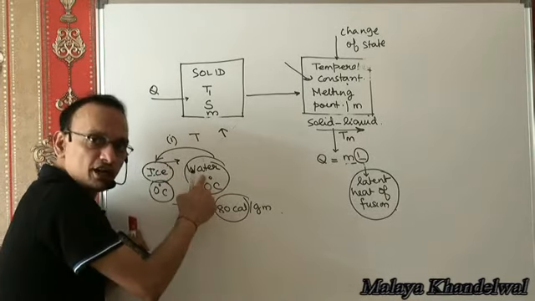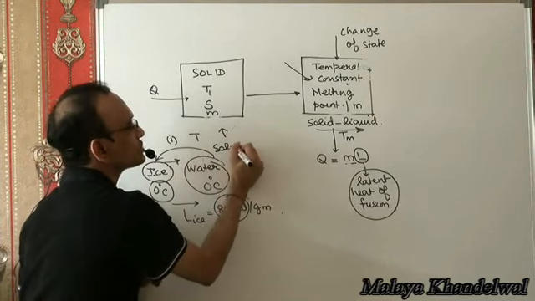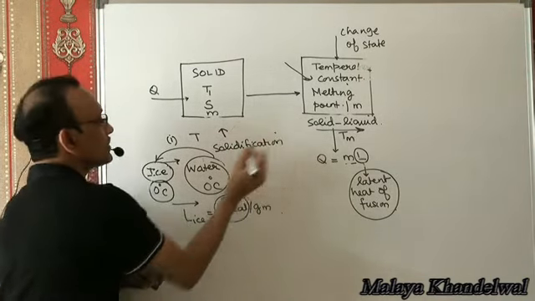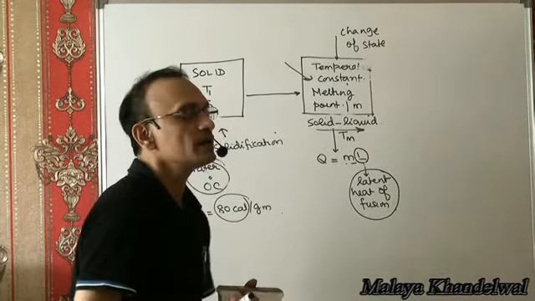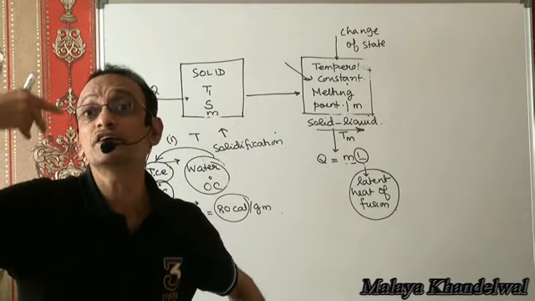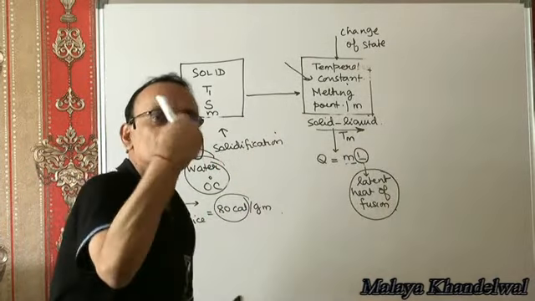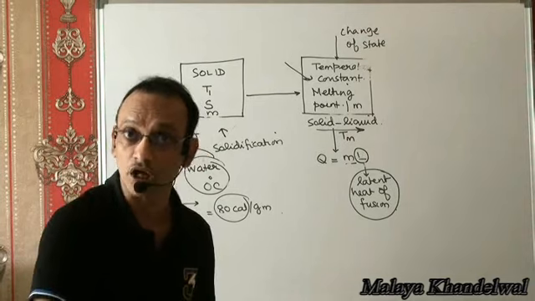From ice to water is fusion, but this is solidification. And when solidification takes place, that means when water converts into ice, then we have what is called latent heat of solidification. Heat will be expelled from the system. From water to ice, heat will be expelled, and the process is called solidification.